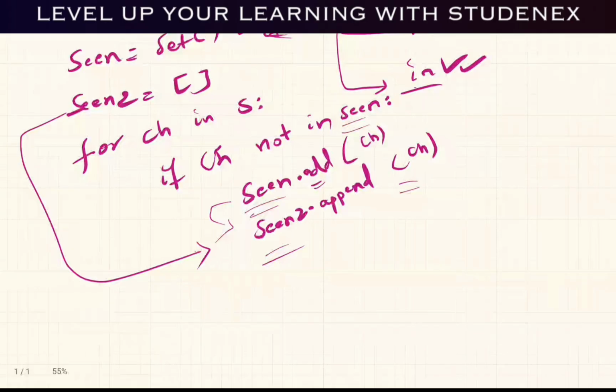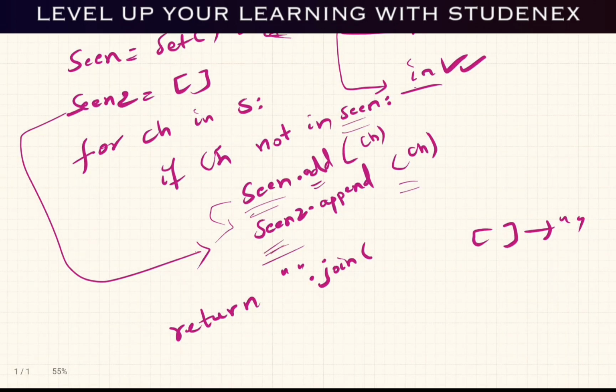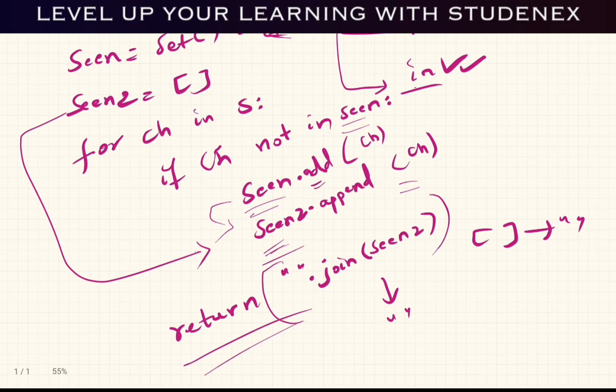For giving an array as a string, we basically use return, with no spaces, dot join. What am I going to join? seen2. I'm going to join my array without spaces and return the whole array as a string. This statement changes my array to a string.